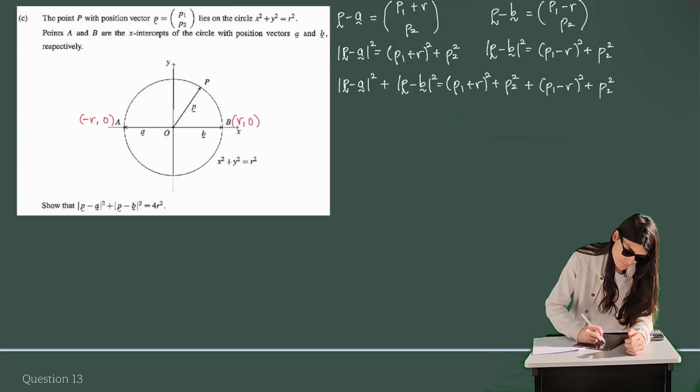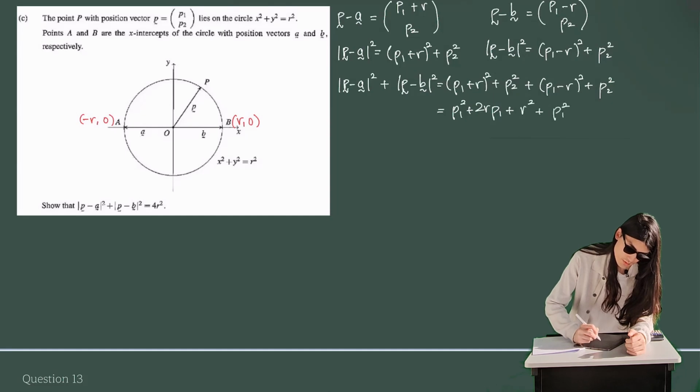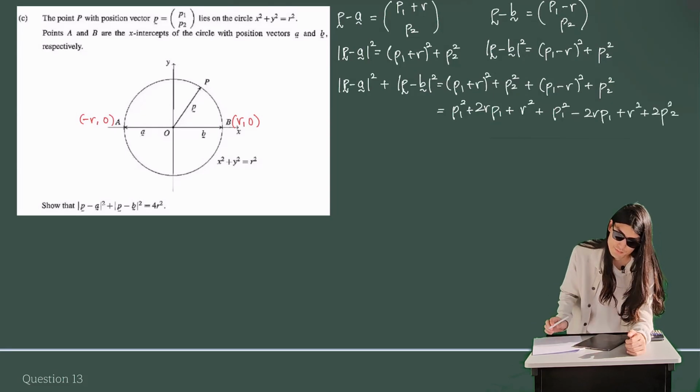Which gives p1 squared plus 2rp1 plus r squared plus p1 squared minus 2rp1 plus r squared plus 2 times p2 squared.